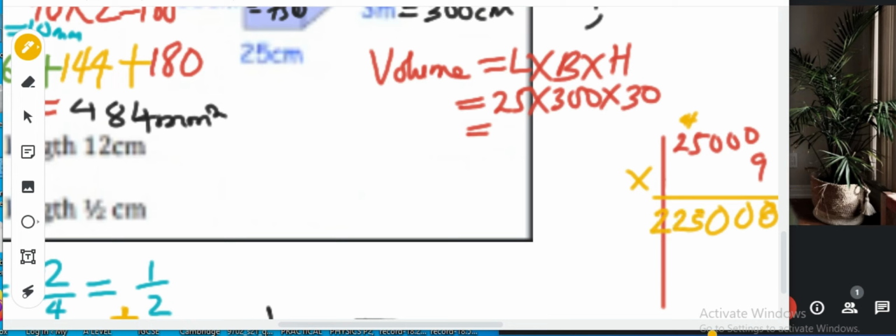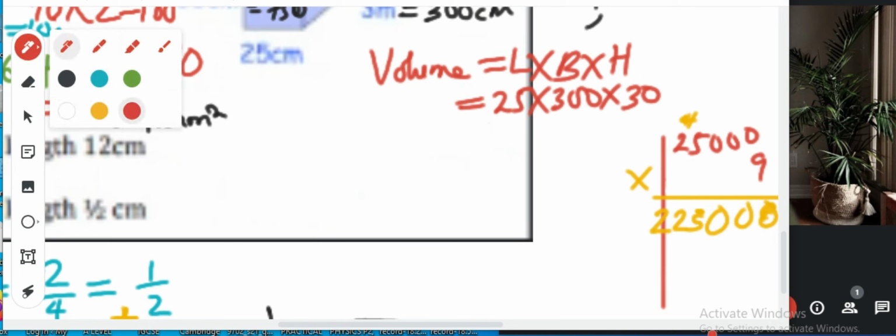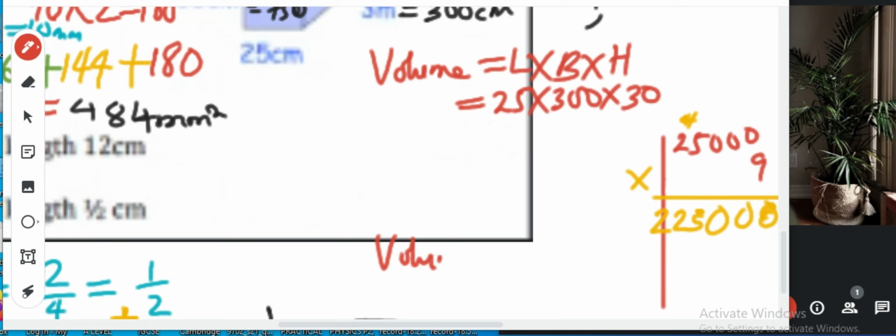So it's 225,000 cm squared. Therefore, volume is 225,000 centimeters squared.